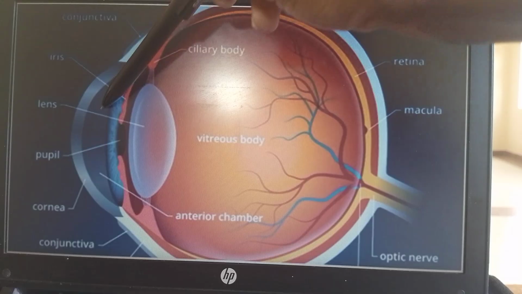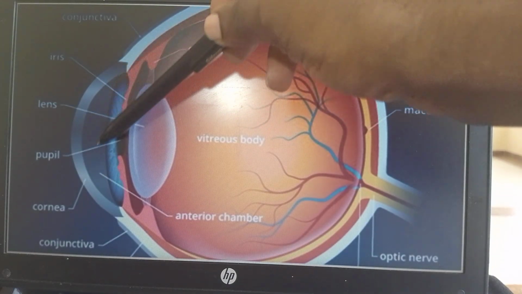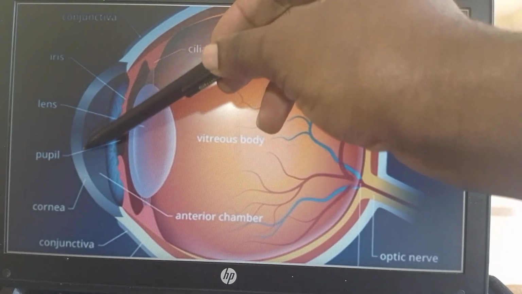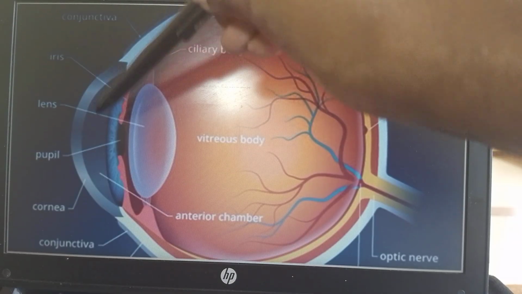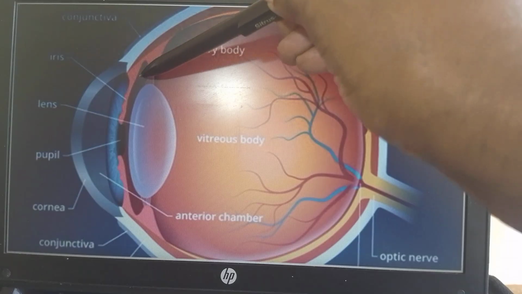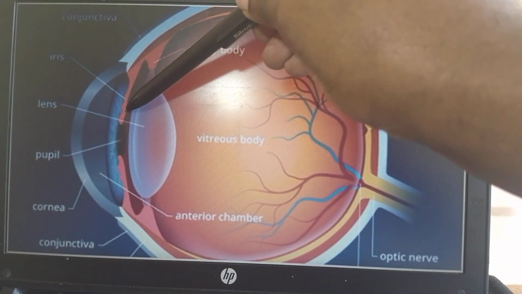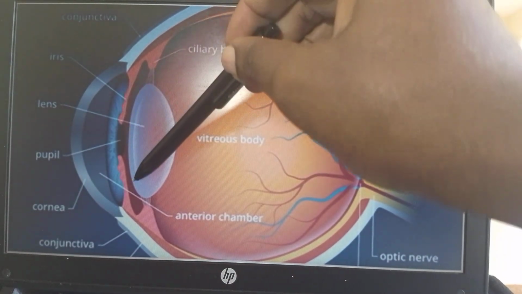The anterior chamber is the space that you can see here that begins from the posterior aspect of the cornea to the anterior aspect of the iris. The posterior chamber is the space that you can see here between the posterior aspect of the iris to the anterior aspect of the lens.